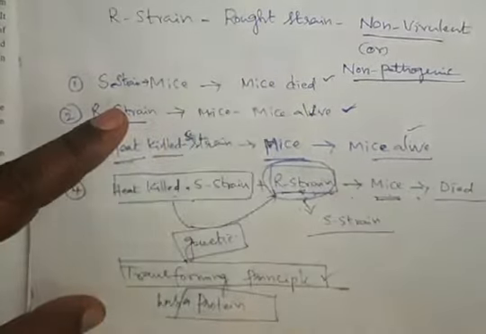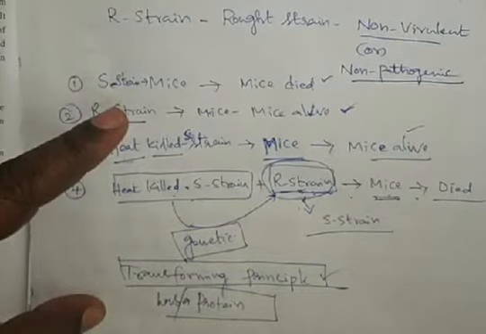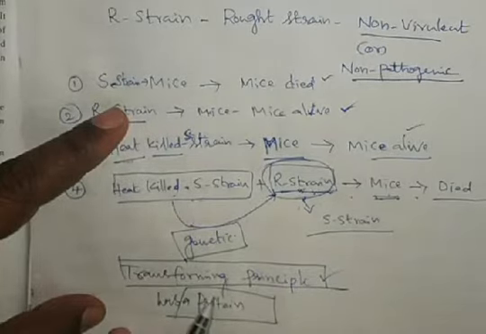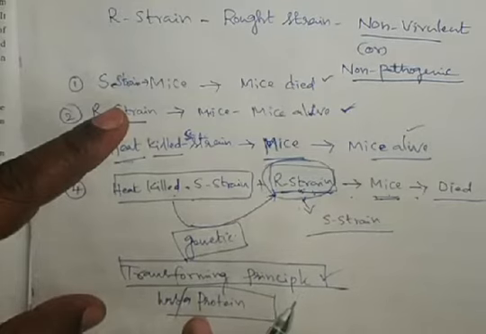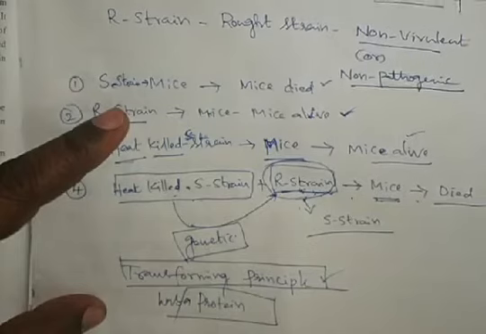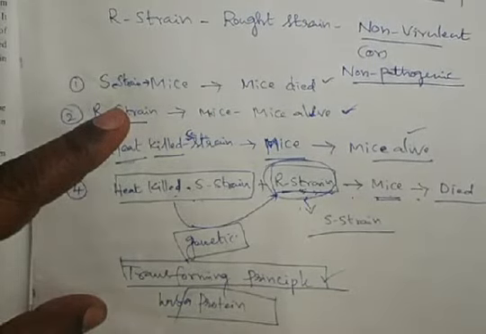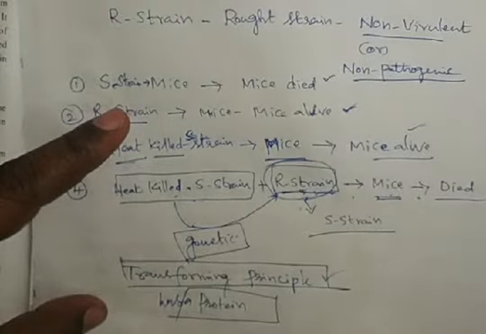By the biochemical characterization of the transforming principle, scientists proved what that material is, whether protein, RNA or DNA. So by this experiment, the material involved in the transforming principle is explained practically and proved.